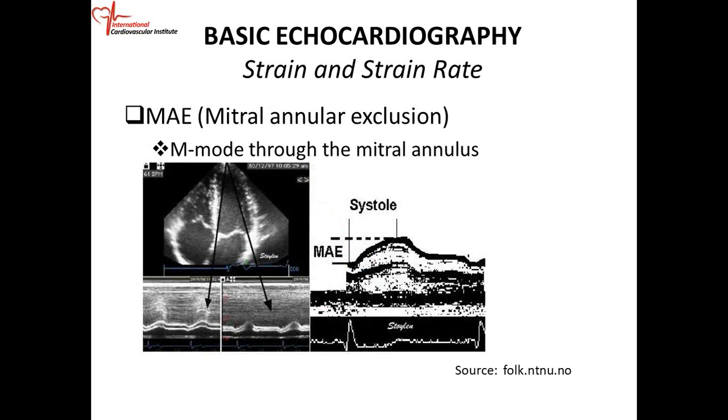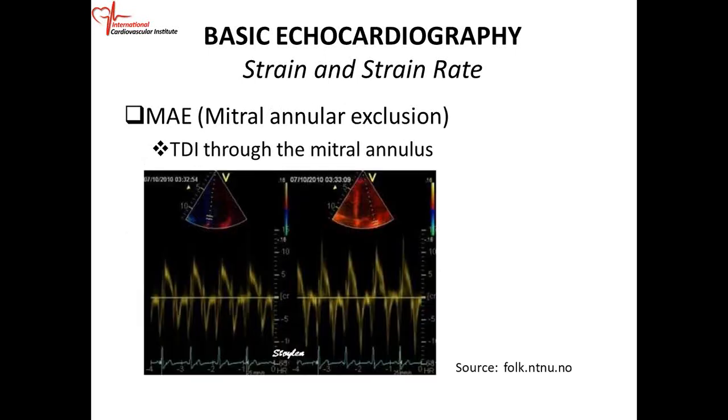We talk about the mitral annular excursion and it is relatively the same thing as your MAPSE, and M mode is a very good method to measure that. All right. So for deformation parameters, we can use tissue Doppler imaging.